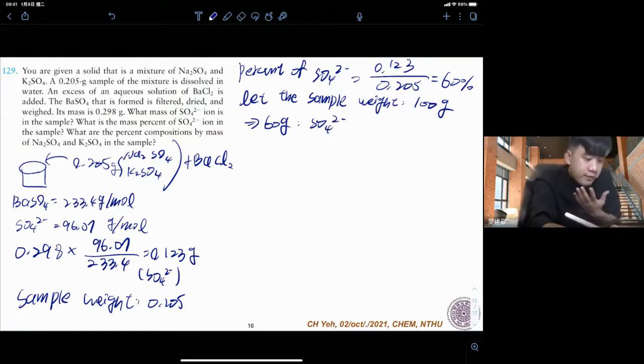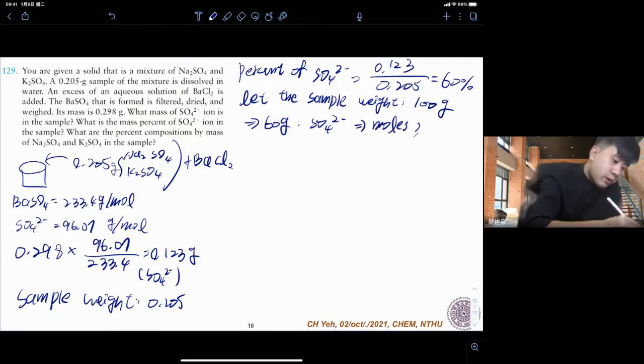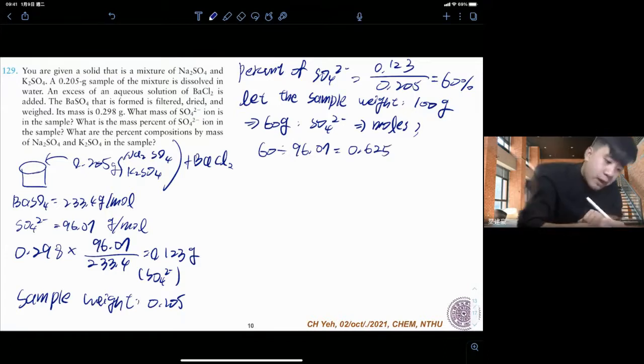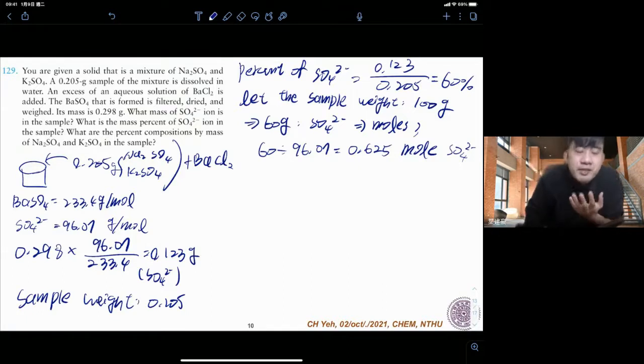So after we have the 60 grams, we have to calculate moles. We divide 60 by 96.07, which we calculated previously, and we obtain 0.625. So if we have 0.625 moles of sulfate ions, what can this information give us? The first thing to focus on is the charge.